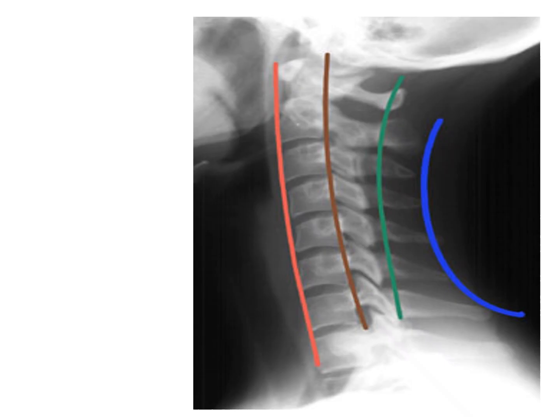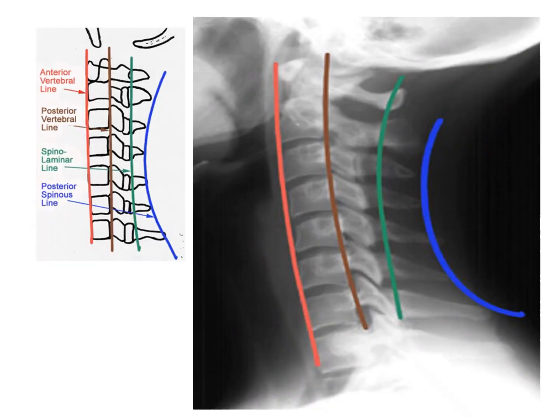In this image, this green line is the spinolaminar line, and the posterior spinous line is the line drawn from the tips of the spinous processes, and it should be evenly spaced and follow the same curve. So these are the 4 lines for the alignment of the spine. Here is the annotated image, where we can clearly see the anterior, posterior, spinolaminar line and the posterior spinous line.